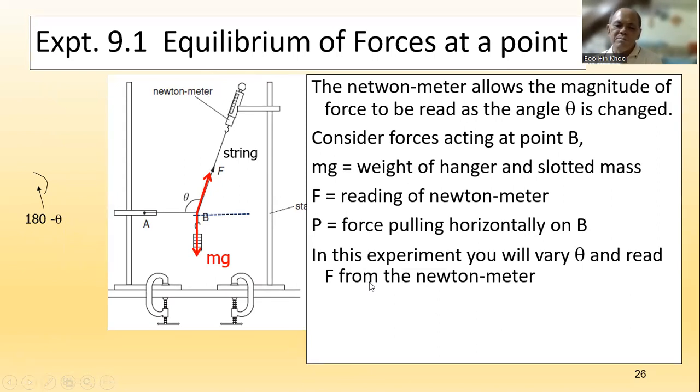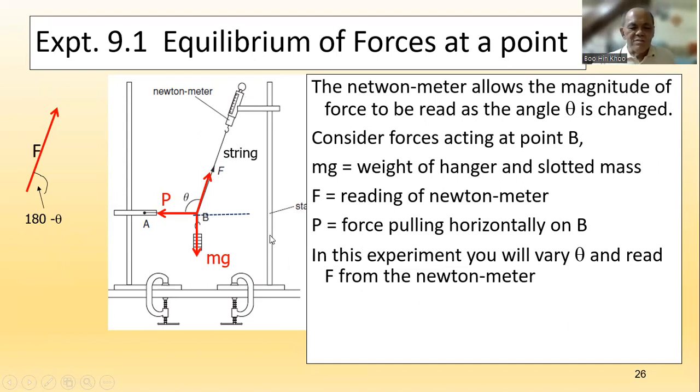P is pulling horizontally on B. We are not interested in P. We're interested in measuring F and measuring this angle. In this experiment, you will vary the angle theta and read that force.